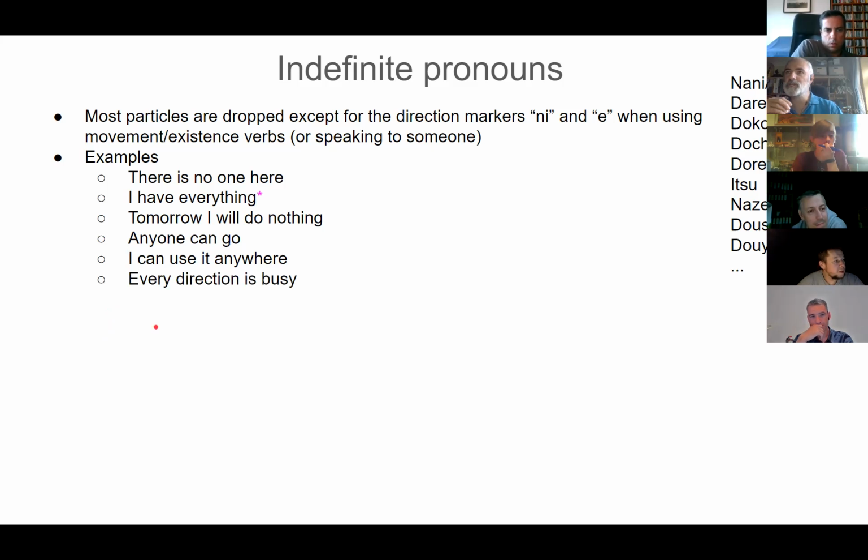Naska, every direction is busy. I don't remember direction. Okay, so this was one of the interrogatives. So for this way, it's kochira. That way is sochira. That way over there, achira.